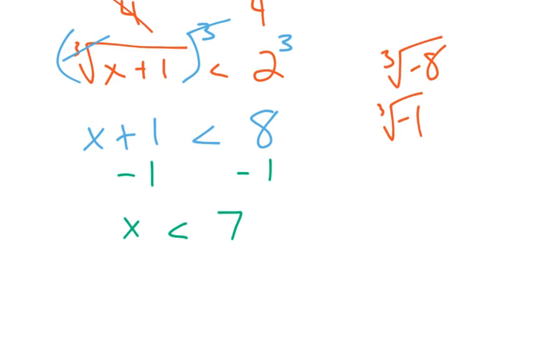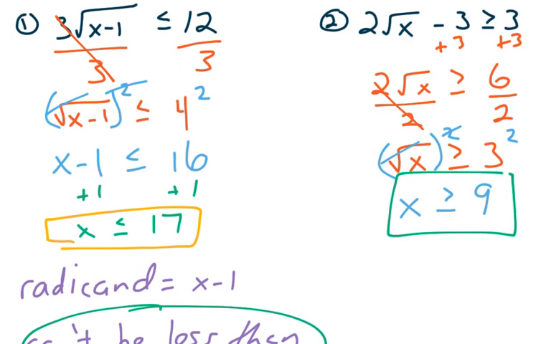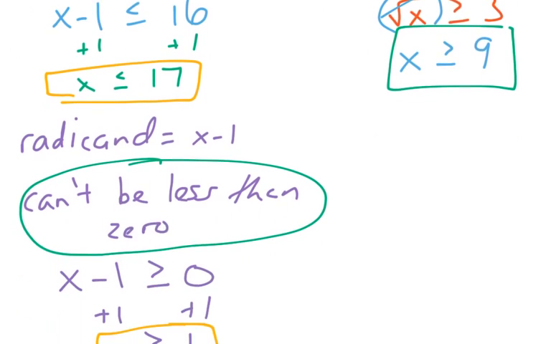So your final answer is just this: x is less than 7, because we can have negative numbers under here. We don't need to do any limiting where it's got to be greater than or equal to 0, because we can have negative numbers underneath odd radicals. With even radicals, like the first example, if we're talking less than, then we're probably going to have to do some limiting.